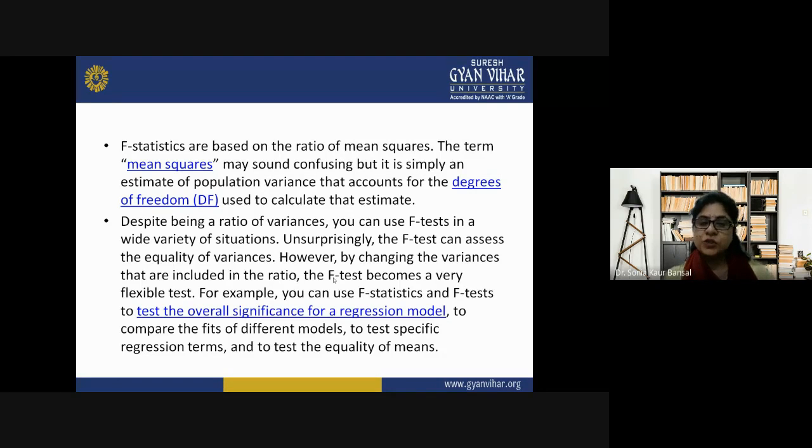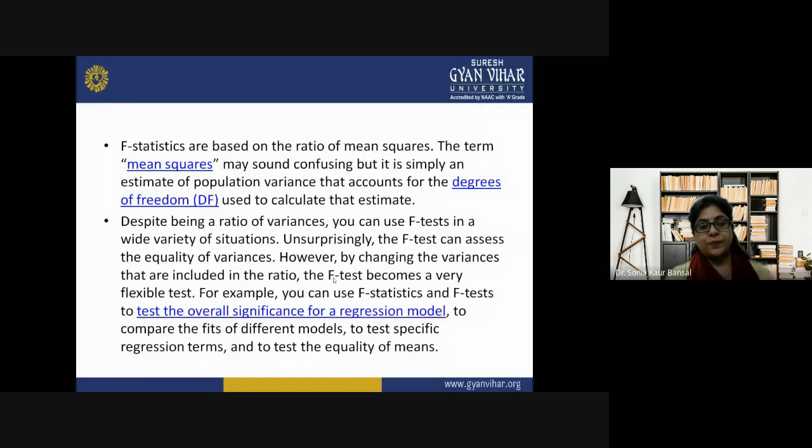Despite being a ratio of variances, or the square of standard deviations, you can use the F-test in a wide variety of situations. Unsurprisingly, students, the F-test can assess the equality of variances. However, by changing the variances that are included in the ratio, the F-test becomes a very flexible test.